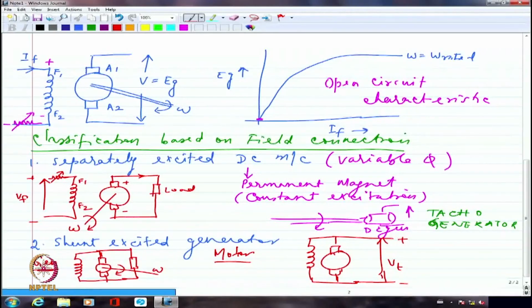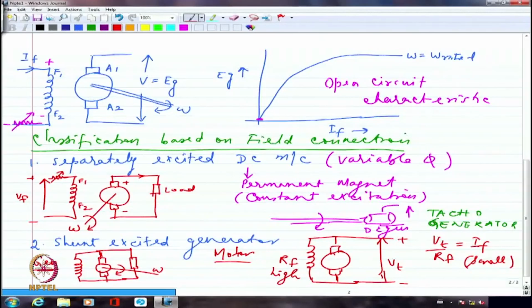So it is generally rated for small current and large voltage, which means we are going to have high resistance in the field winding. So in this particular case, RF will be high, because VT divided by RF equals IF, which is small.